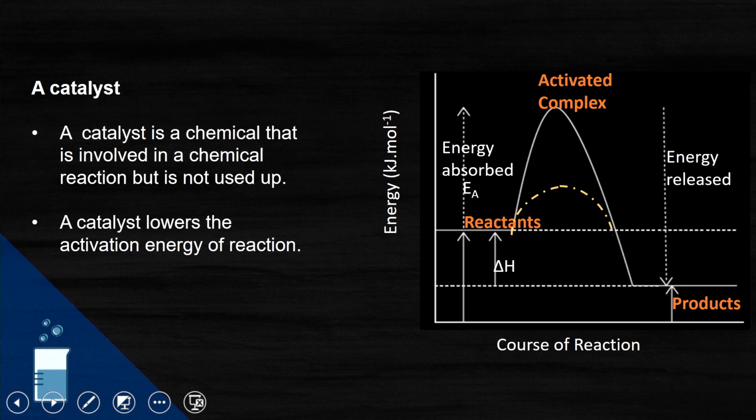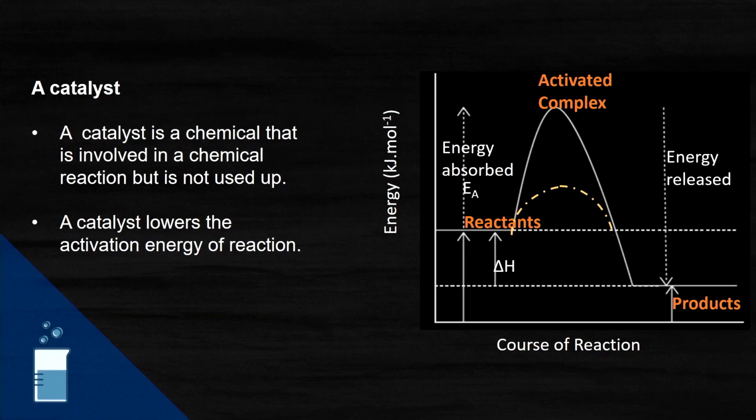A catalyst is a really interesting chemical that can be added to a reaction. So this chemical doesn't participate in the reaction, but it does a very strange thing. It lowers the activation energy needed for the reaction to take place, and it offers a different energy route for the reactants.